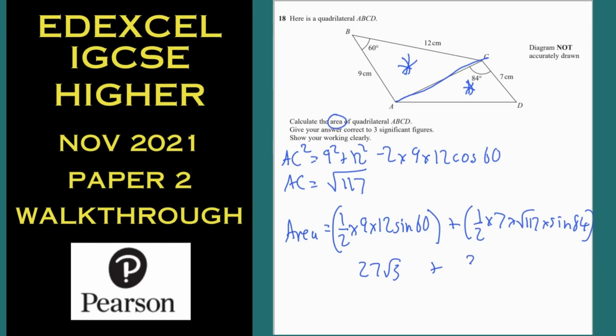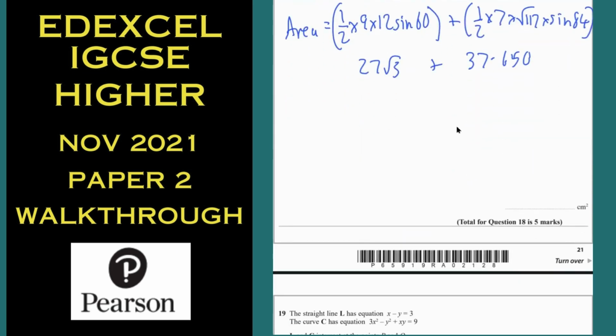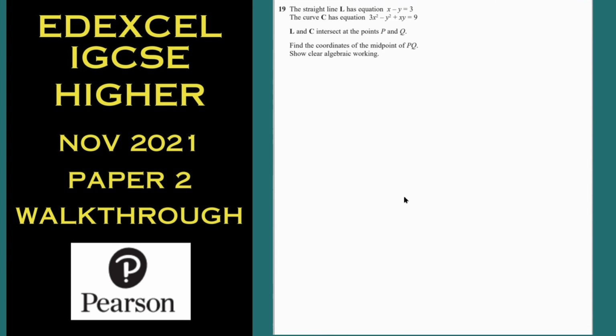All that spits out 37.650, etc. And on your calc, all comes to 84.41. So there we go. And on we go.